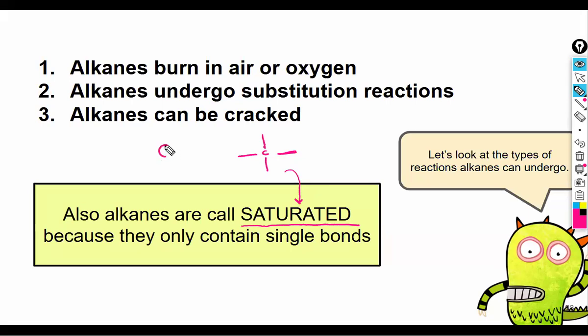If you see things with double bonds like this, where you see two bonds here, that's not saturated. It's actually the opposite of saturated. Take a guess. It's called unsaturated. But don't worry, I'm going to mention that later on.